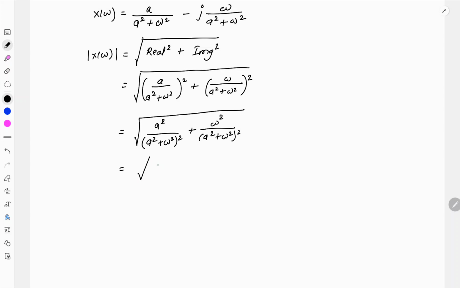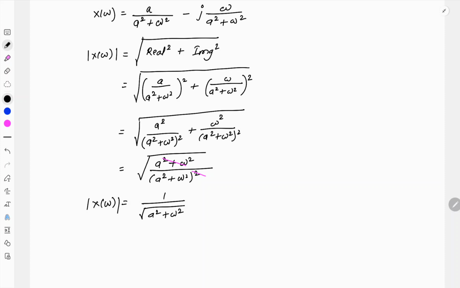So we get under root of a square plus omega square divided by a square plus omega square whole square. So now here we can cancel out the numerator with the square of the denominator. So our answer is 1 upon under root of a square plus omega square. So this is mod of X of omega. So using this equation we can plot the amplitude spectrum.